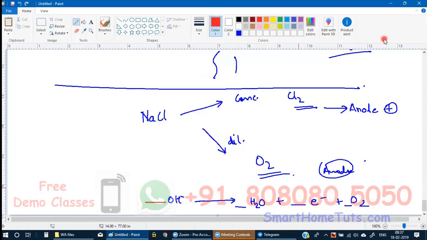How will you balance this one? If this over here is an odd number, I'll multiply this by 2. This makes 4 hydrogen, and 4 electrons over here. This is balanced.